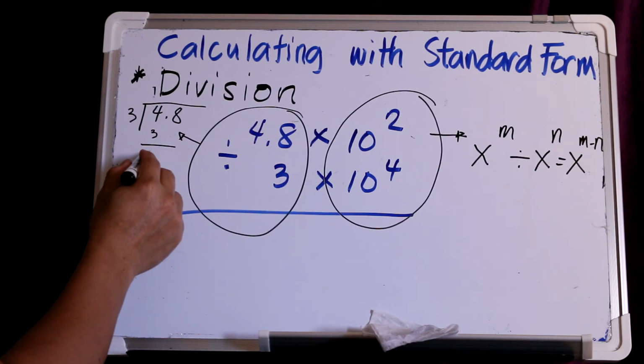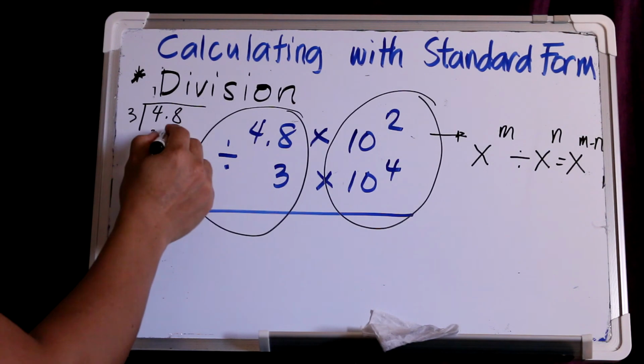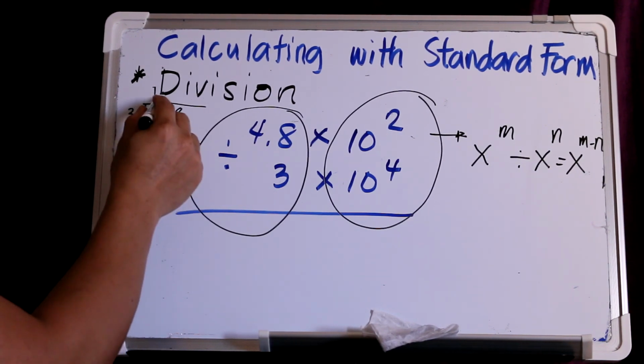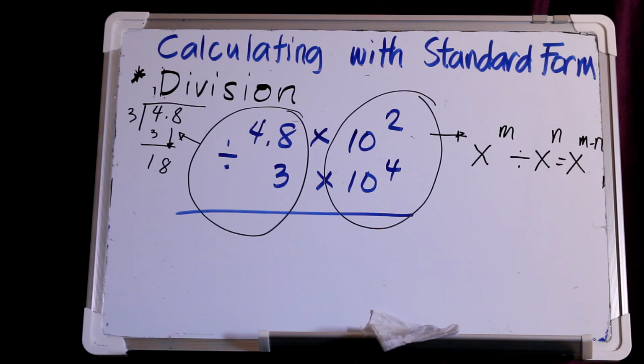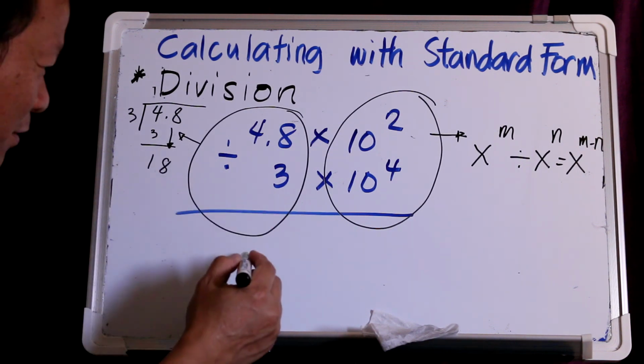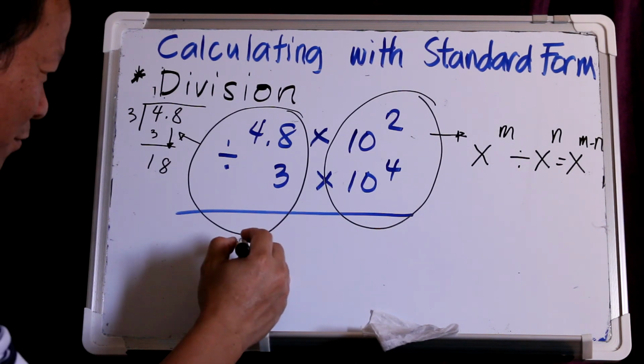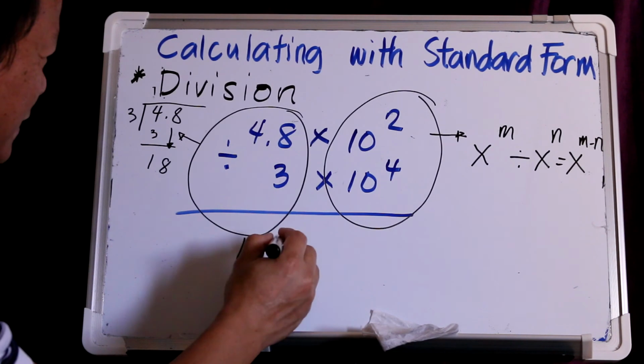And then you will have 1, and then you bring down 8, and then you will have a point at the top. So that means our answer here will be 1.6.